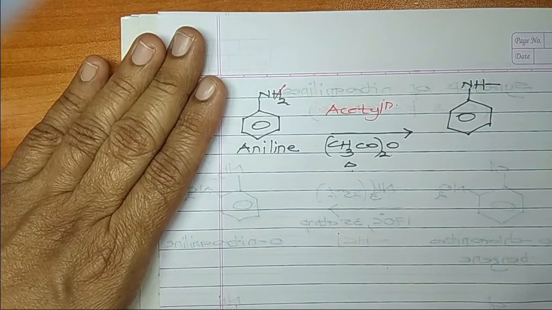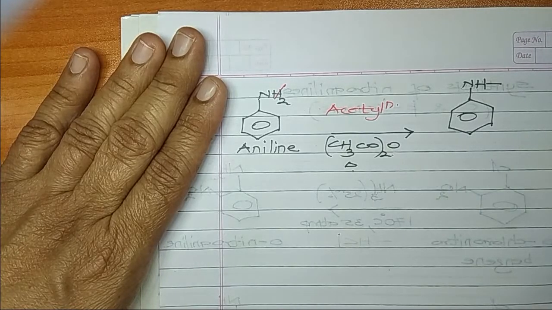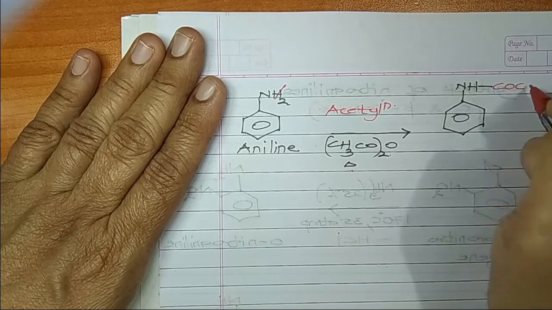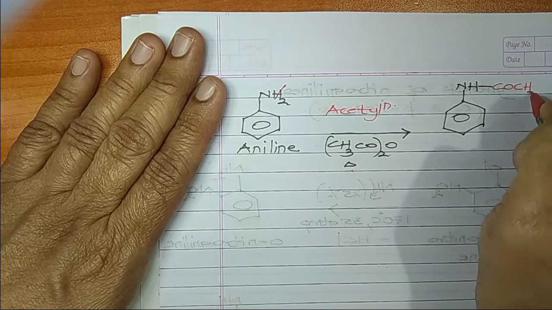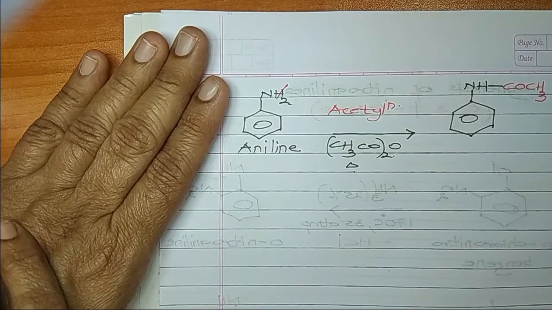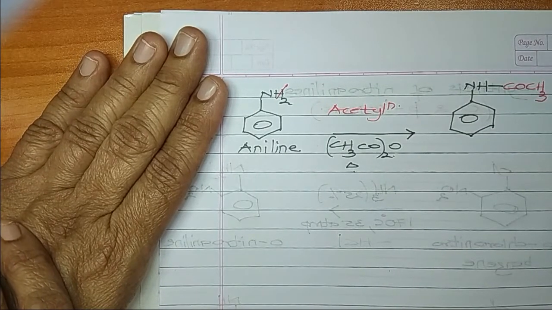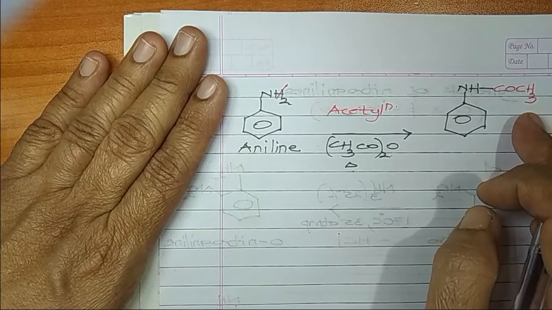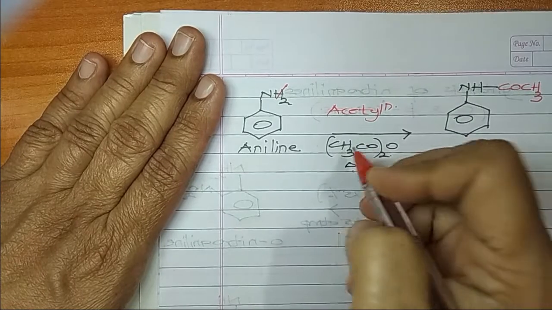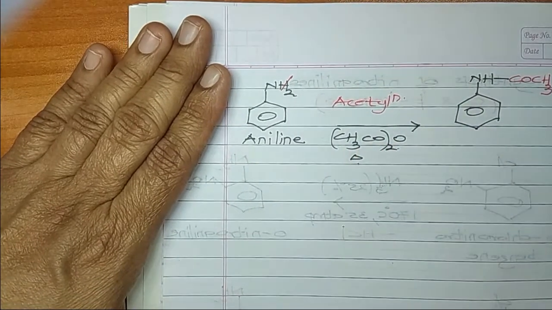Now you put that acetyl group. I have told you many times in the video, please learn certain groups by heart. This is your acetyl group, which I am writing here with red pen. Where have you got this acetyl group from? I have got it from acetic anhydride, because acetic anhydride is an acetylating agent.